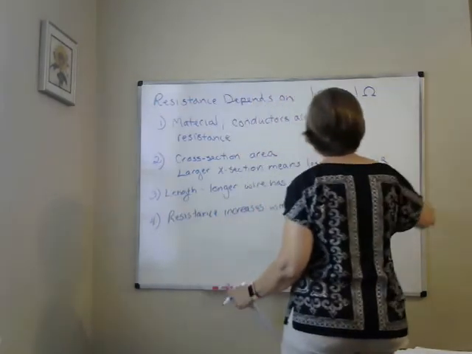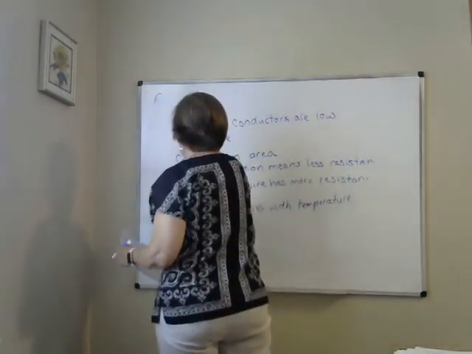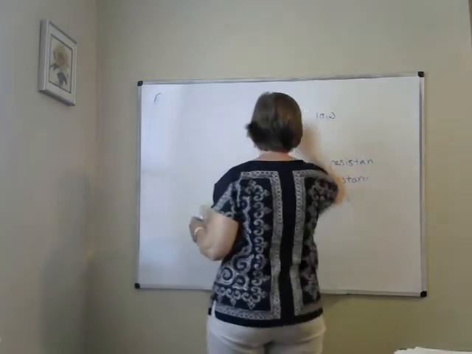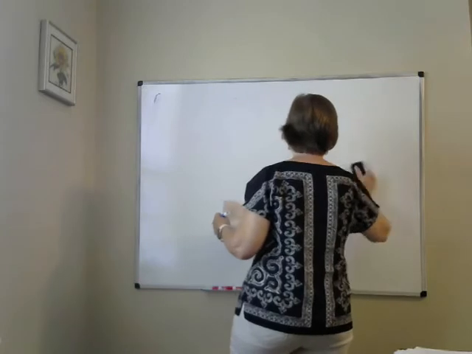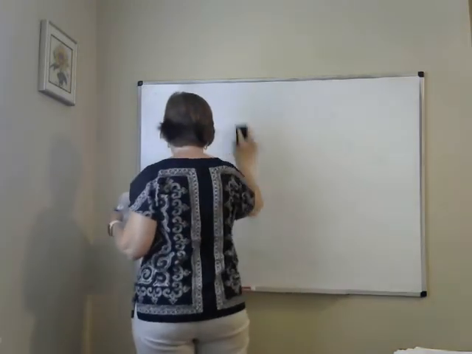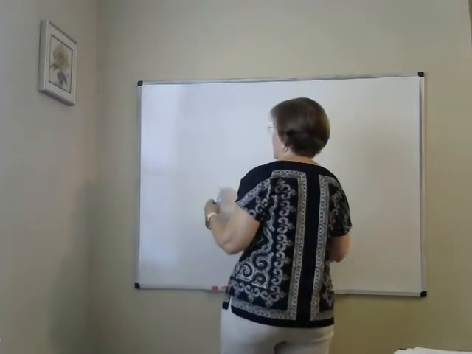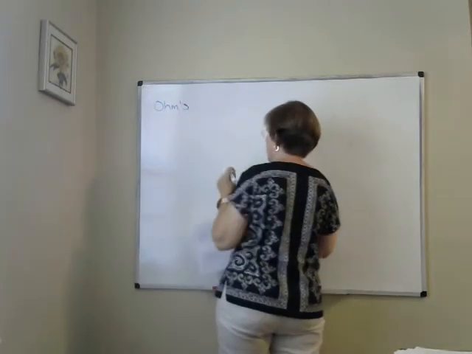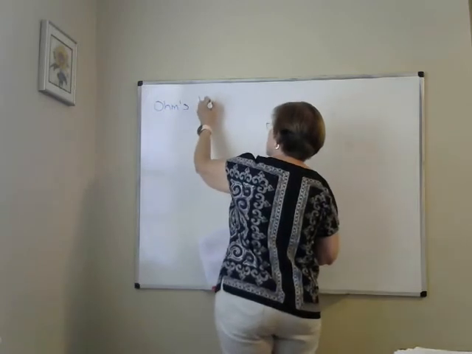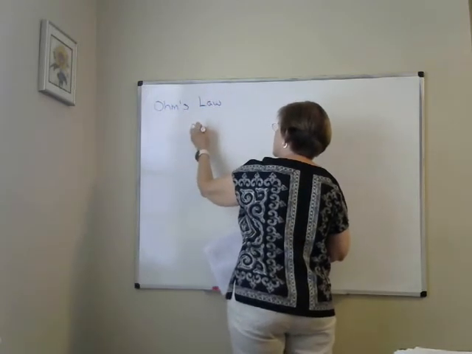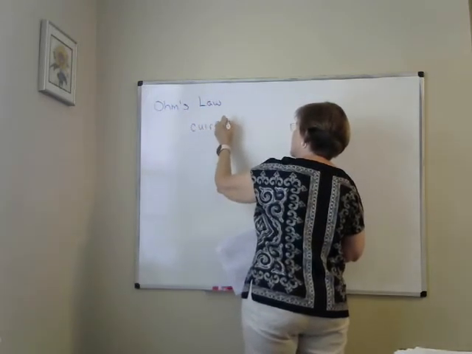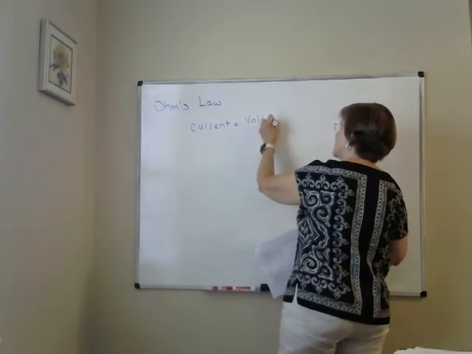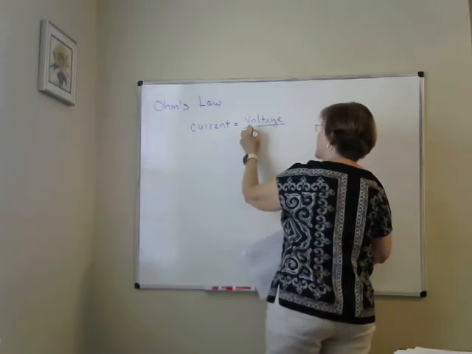Most conductors follow a law called Ohm's law. For most metal conductors, this is going to work. Ohm's law says that the current is equal to the voltage divided by the resistance.